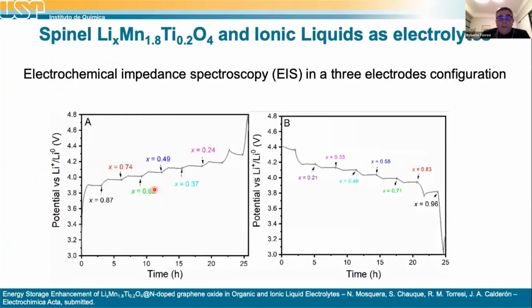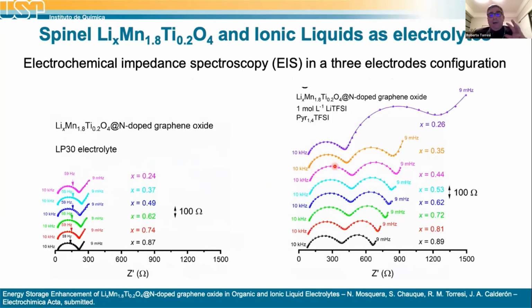So to do that, we make the impedance at different state of charge. Here, this number represents the amount of lithium intercalated. So we begin with the system fully intercalated and begin the process of delithiation, and after delithiation we make all the impedance.